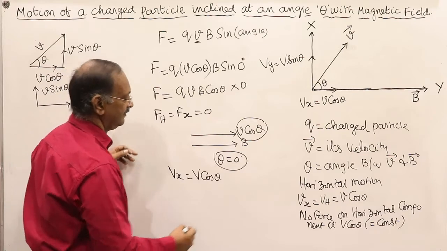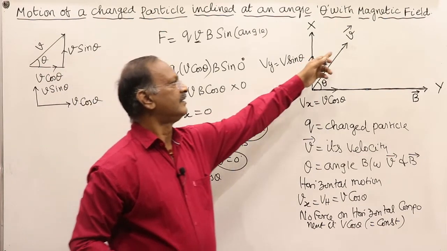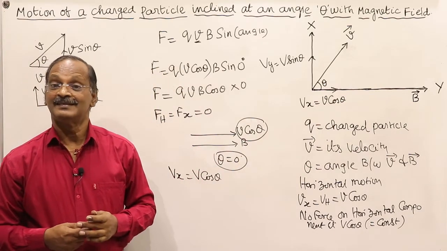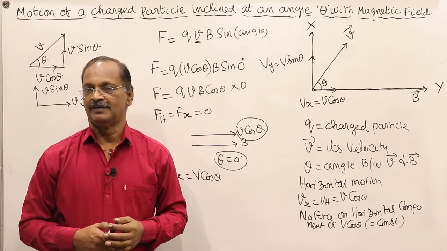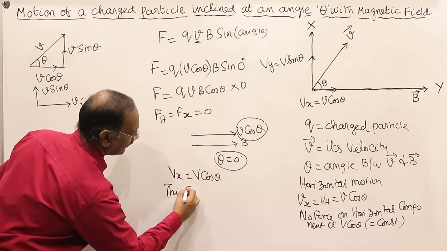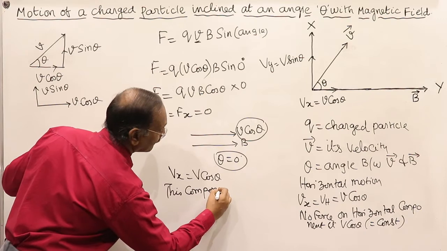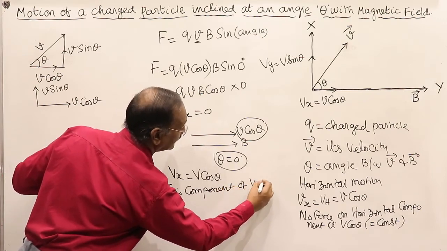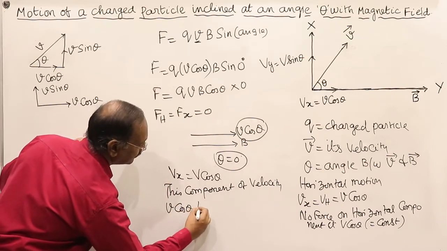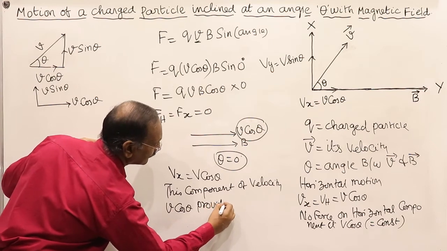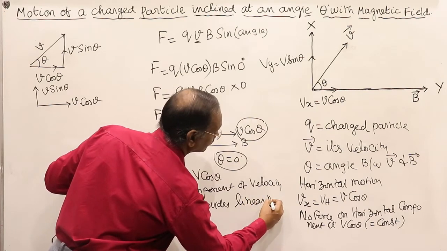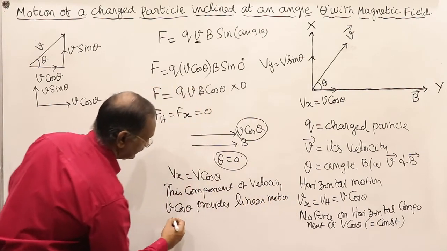Hence this component of velocity, v cos theta, provides linear motion to the charged particle along the direction of B. Why linear motion?